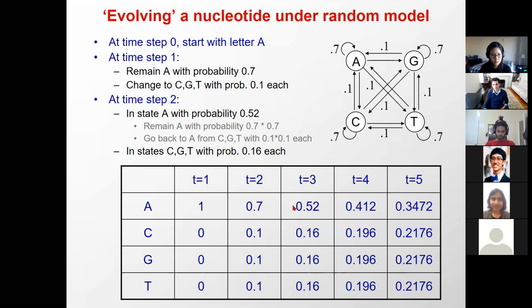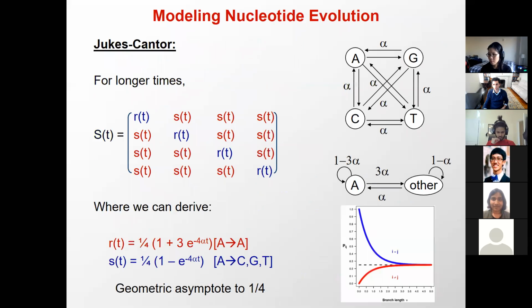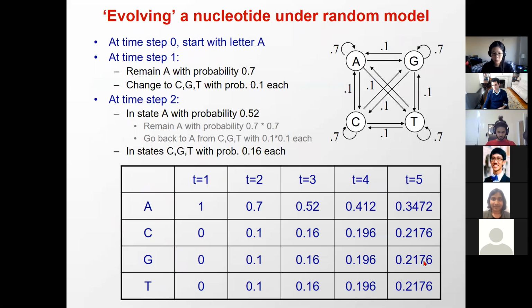So that means that instead of having 0.49 total probability here, I actually have 0.52 probability of staying the same. And then here, instead of 0.7 to the third, I have 0.412, and so on and so forth. That is very important because over evolutionary time, that leads to me converging not at 0% identity, but at 25% identity.